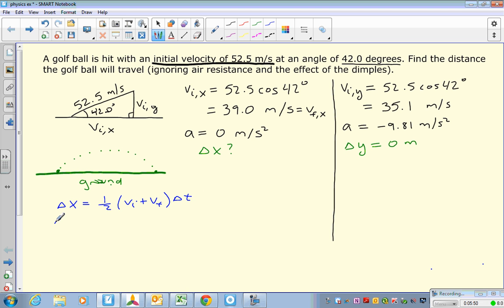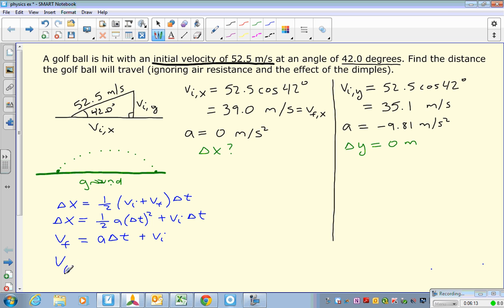Another equation we know is that delta x, my displacement, is 1/2 acceleration delta t squared plus v initial times delta t. Then for final velocity, I know that it's acceleration times delta t plus v initial.